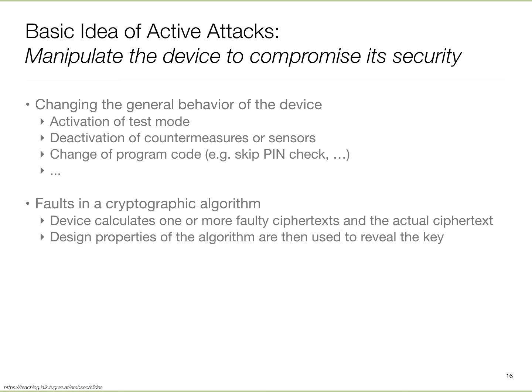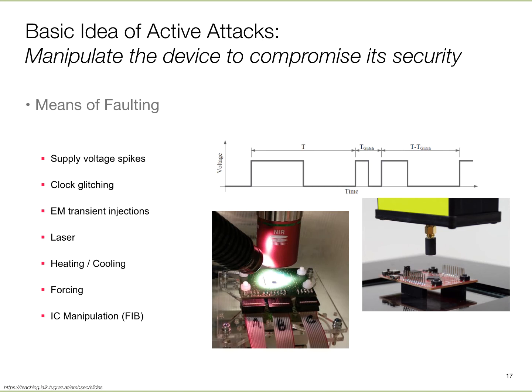So in active attacks, we manipulate, perhaps even introduce faulty behaviors, like I said, glitch the power supply, heat it up, all those kinds of things. There is a variety of different ways you can do that manipulation. I mentioned supply voltage. Clock glitching is another one. EM transient injection: the idea is I create a lot of electromagnetic noise around the device, which could even be just running the microwave or whatnot.